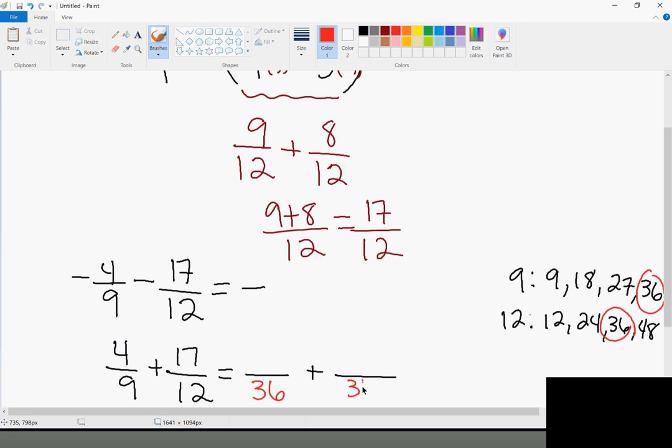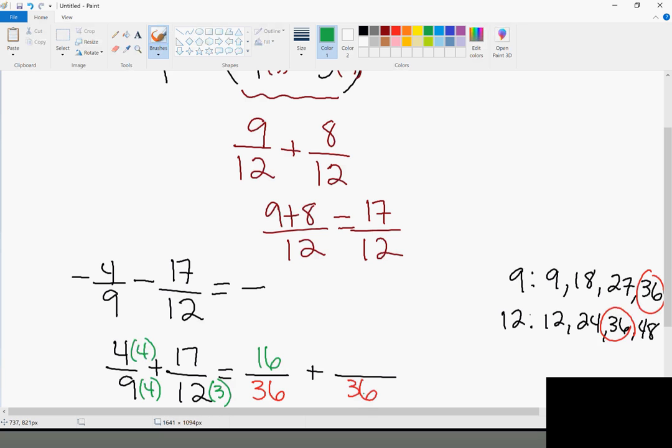Let's use 36 so we can get a reduced fraction for our answer. So 9 times 4 equals 36, so my equivalent fraction to 4 over 9 will be 16 over 36.